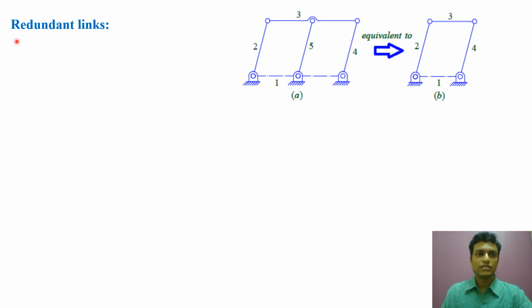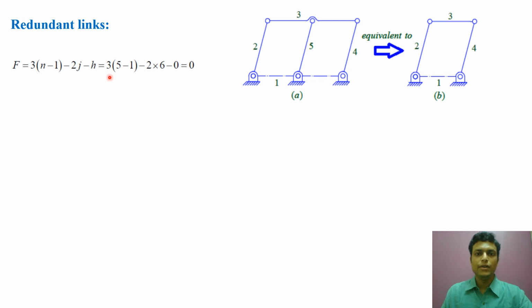Now, similar to redundant pairs, there may be redundant links in a mechanism. So let me explain this. What are redundant links? Say this is mechanism A. For mechanism A, the lengths of links 2, 5 and 4 are equal. Let us find the degrees of freedom of mechanism A. F equals 3 into (n minus 1) minus 2j minus h.